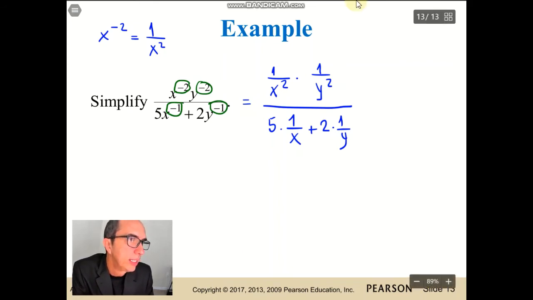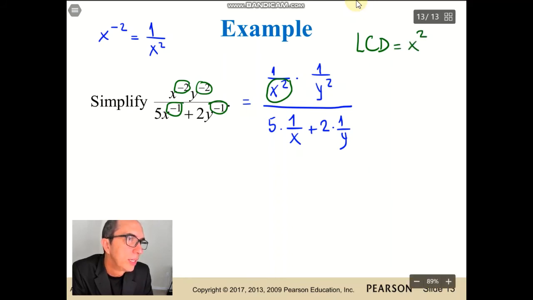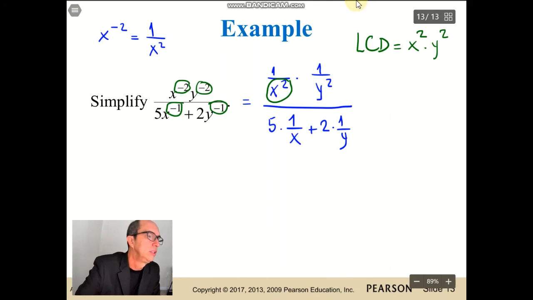We're going to find the least common denominator, and it's kind of easy here because you have x squared times y squared on the top, and we have x and we have y. So the least common denominator is going to be x, a unique factor to the greatest exponent, times y, another unique factor to the greatest exponent, squared.